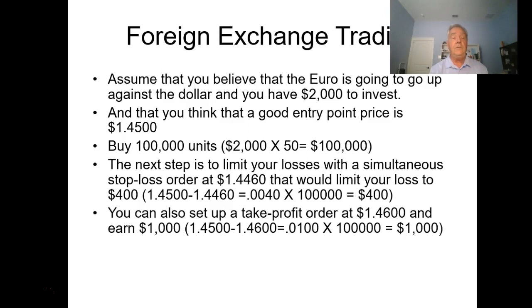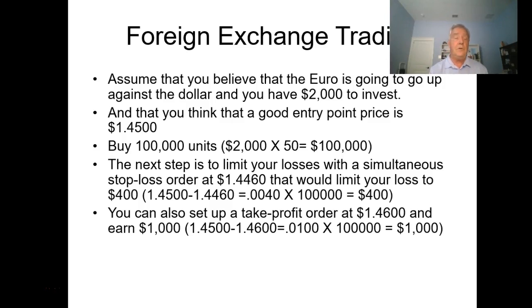You can also limit your profit. One of the things you've got to be careful of in investing is to know what level you're going to take a loss and at what level you're going to get out and take a profit. That's easy to do in this Forex trading market. You can set up a take profit order. Let's say you buy at 1.45, you think it's going to go to 1.46.